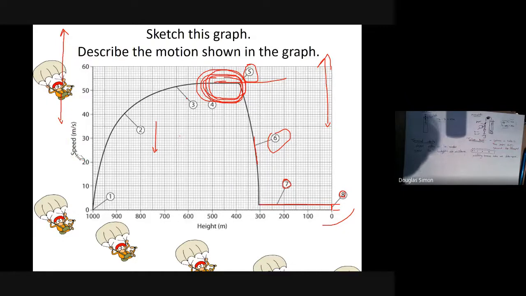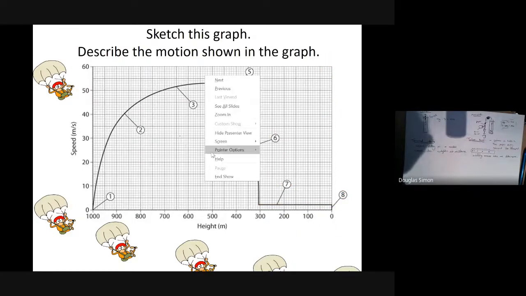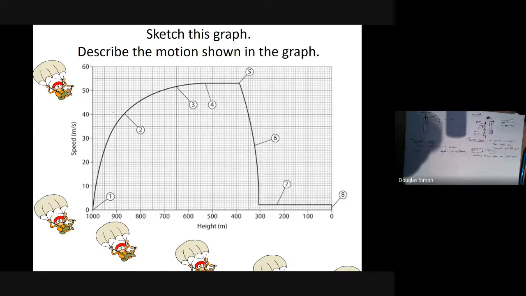The person is accelerating between 1 and 5. Why is the resultant force decreasing and why is their rate of acceleration decreasing? What is the reason for that?